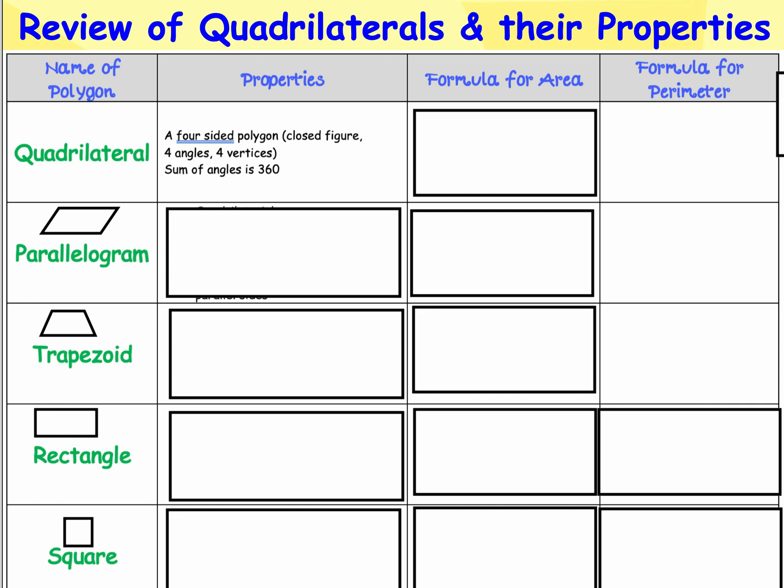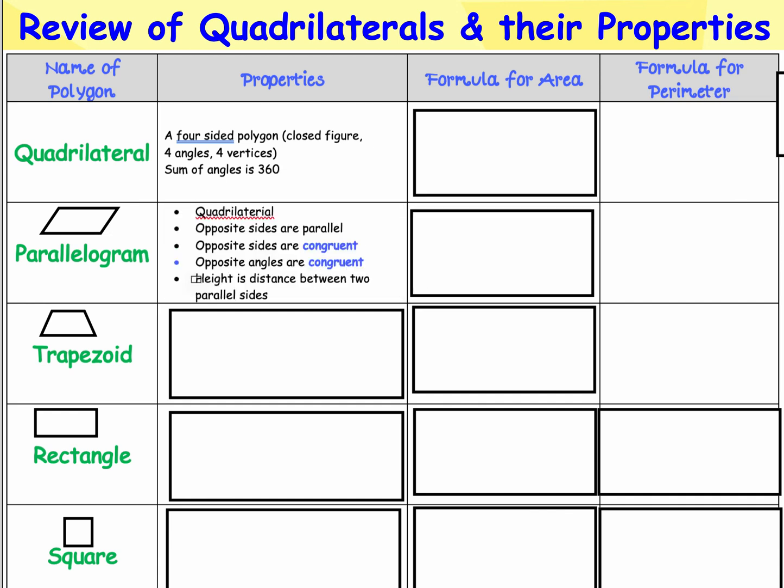We're not going to talk about formulas for area and perimeter right now, but we're just getting to know these. A parallelogram has four sides because it is a quadrilateral. In addition, it has opposite sides that are parallel. So this side here and this side here are parallel to each other. It also has opposite sides that are congruent.